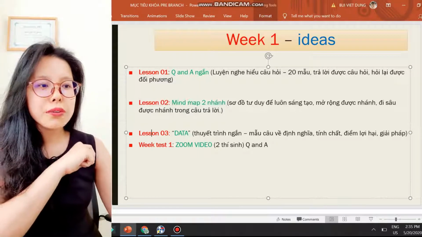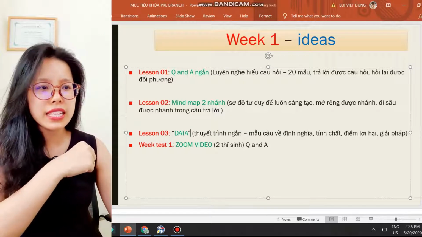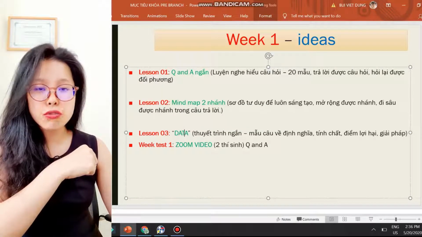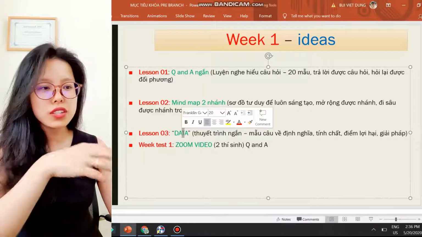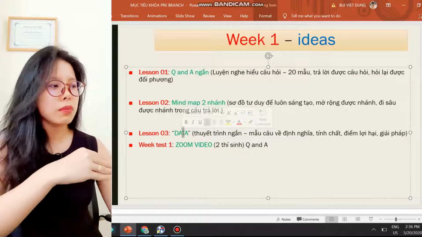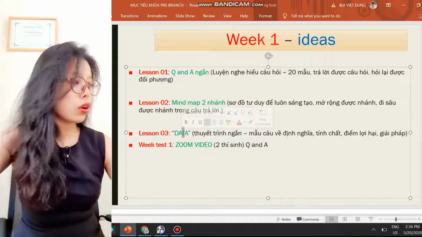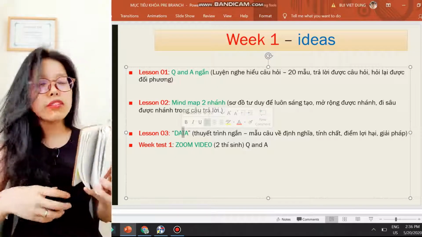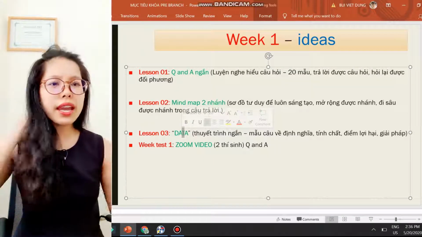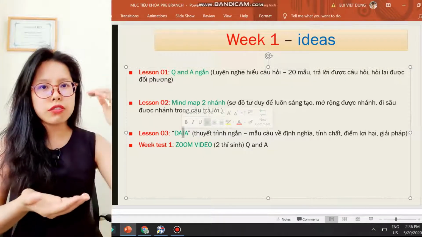Okay, lesson 3 is the data. Data, as you remember before, D is definition, A is aim, T is trait, and A is advantages and disadvantages. So whenever you want to answer something about water, about paper, or about a notebook, whatever item, person, things, place, time, action, anything that you want to give more information, you need those steps.